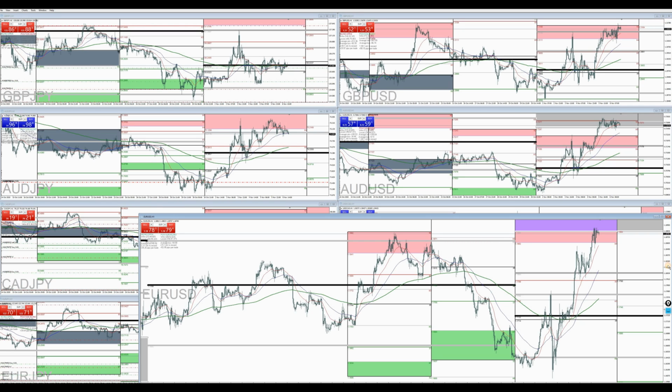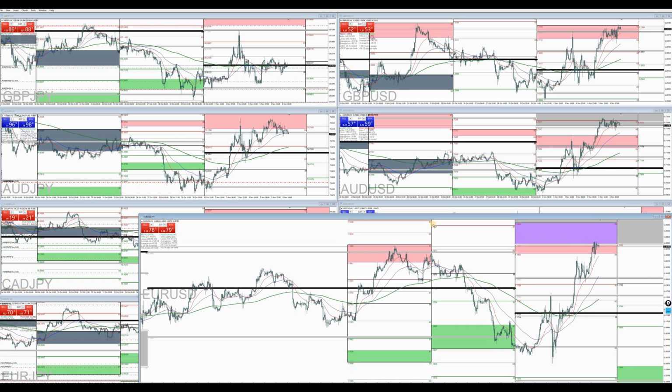Same thing with my stops, but on a weekly basis, I'll place my stop right above the R1 for a sell, and right below the S1 for a buy.